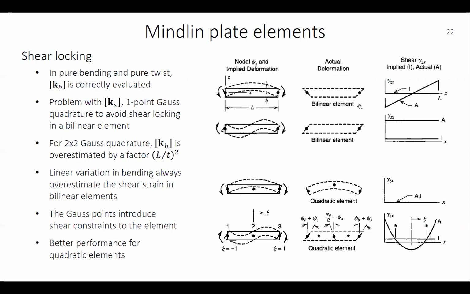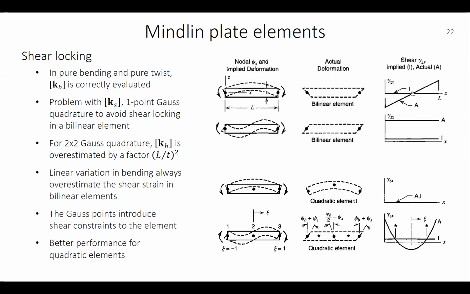And we have a problem with the shear strains. But if you use 1 point Gauss quadrature, we see that the implied versus actual shear strains have the same value using a 1 point Gauss quadrature in the center of the element.